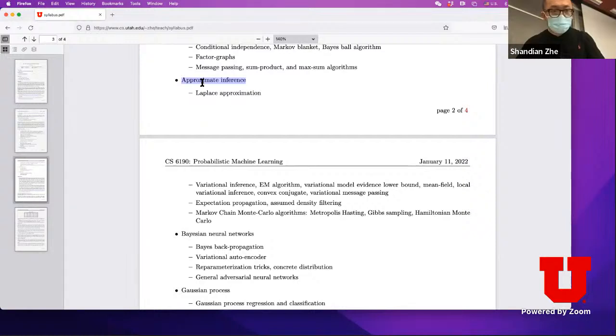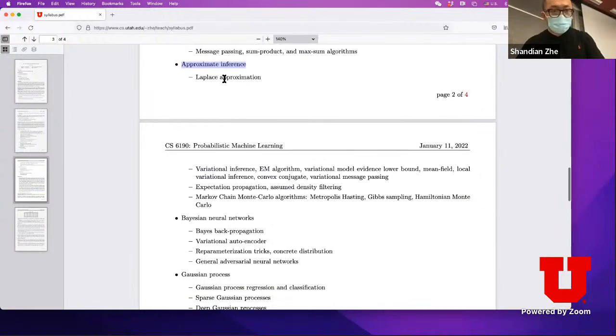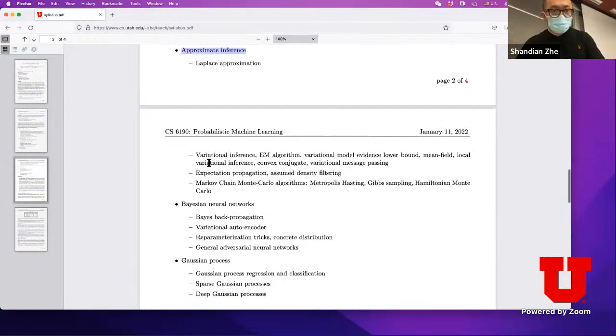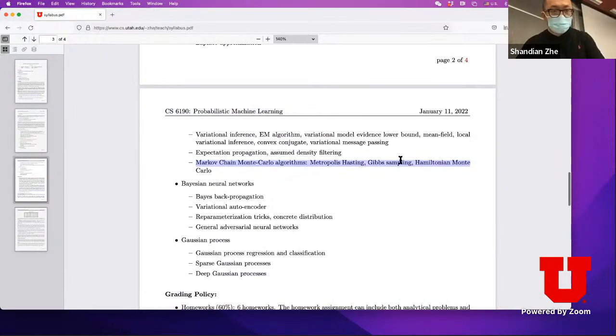So we're going to give a systematic overview of those techniques, from Laplace approximation to variational inference and expectation propagation, which is essentially a special instance of belief propagation or message passing algorithms. And then we're going to talk about Markov chain Monte Carlo sampling. What is Metropolis-Hastings? What is Gibbs sampling? What is Hamiltonian Monte Carlo?